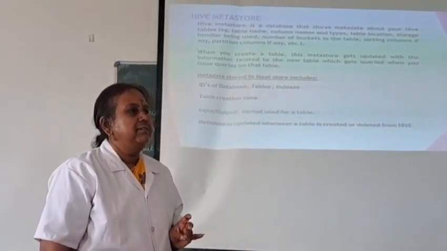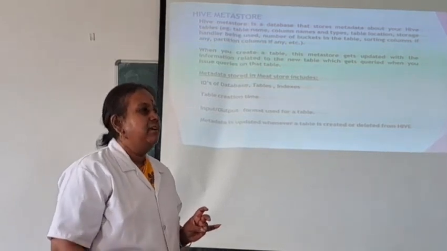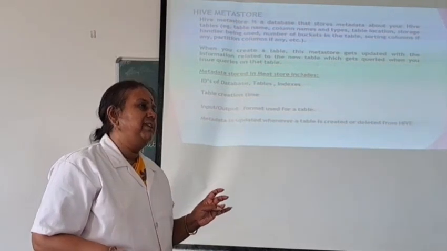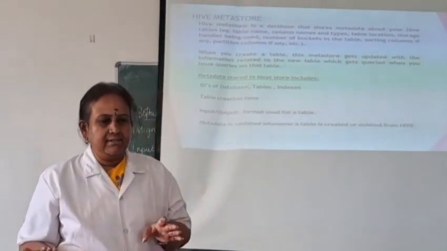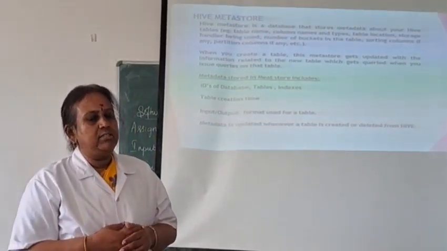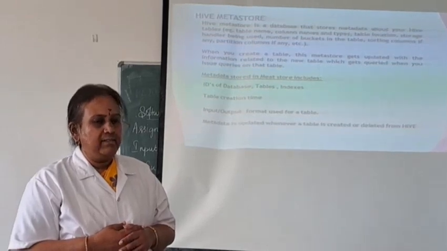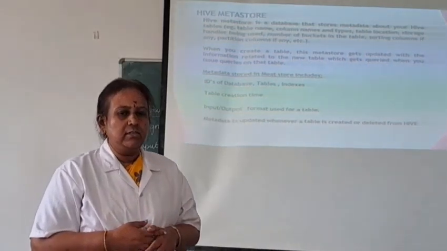Okay? So that is why the reference can be made easily, with the indexes from the old table to a new table, which could be made very easy through the indexes of the table. So that is the understanding here. Your table creation time, your input output format, everything will be updated in the metastore.